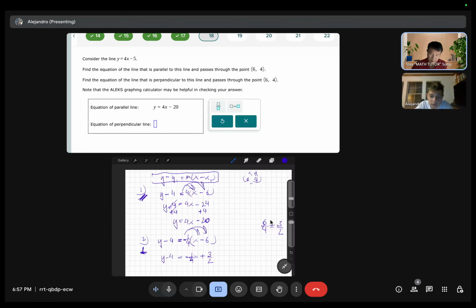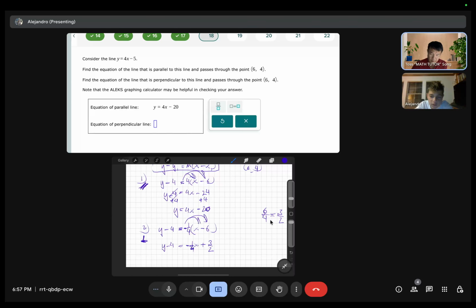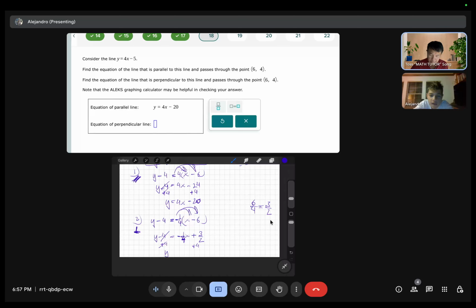Then y minus 4 so far. Okay? And then add 4 to both sides. So y equals negative 1/4 x, plus 3 halves plus 4. You can do your math on the side here. The denominator is 2, so times 2 on the 4. So you're left with 3 plus 8 on top, all over 2.